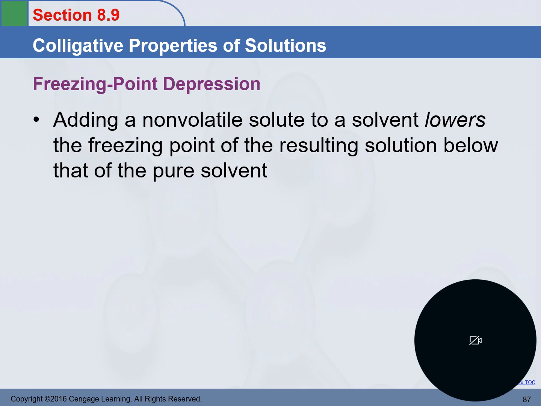The reason that we salt our roads in the wintertime is so that we can depress our freezing point. By adding salt or a solute, it's going to lower our solvent's freezing point and thus melt the snow on the road. Okay, at obviously very low temperatures, our salt doesn't work very well, but for the most part, it works pretty good for our winters around here.